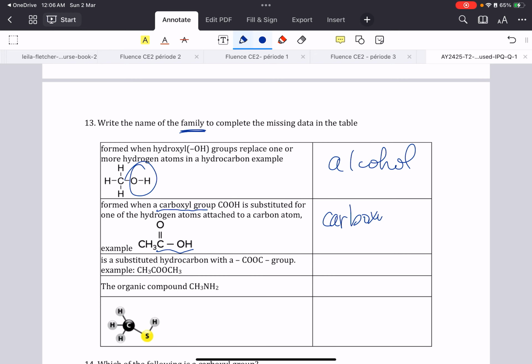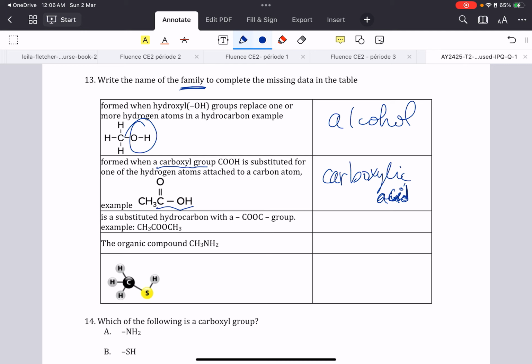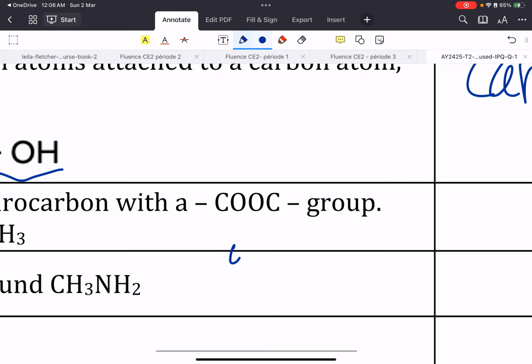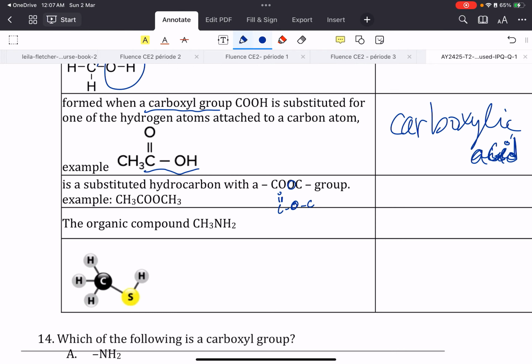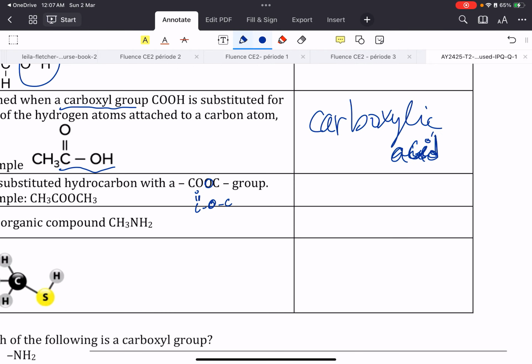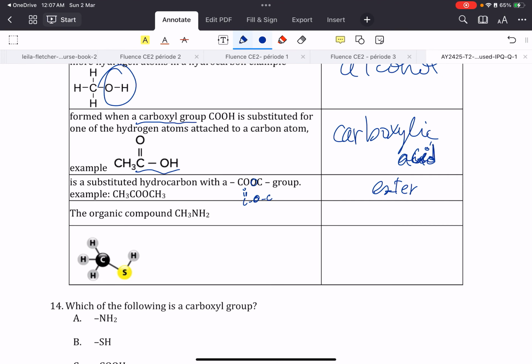Example, so carboxylic acid is a substituted hydrocarbon with C double bond O, O. C double bond O. Here's the second O and another carbon. This is an ester. So here I have an ester.